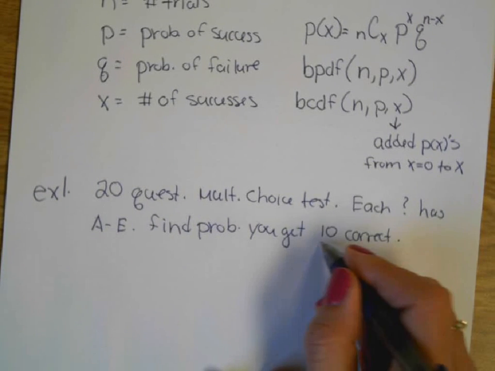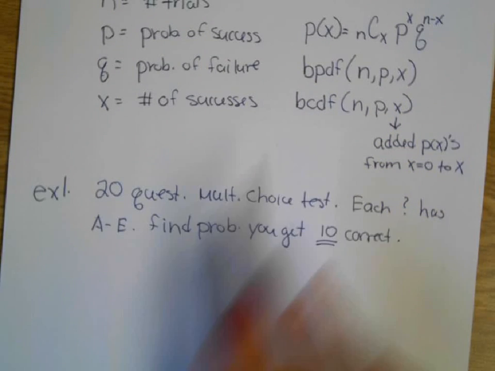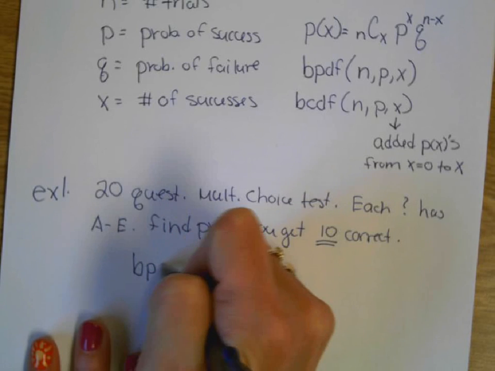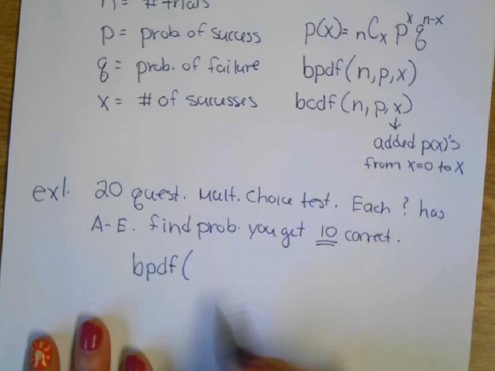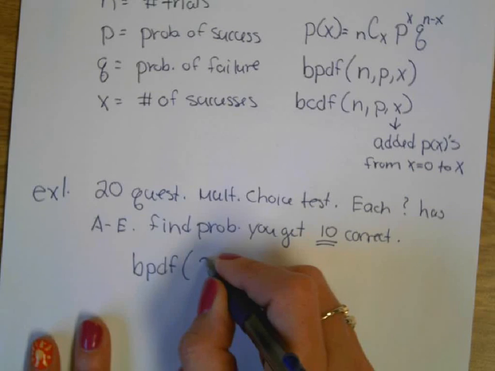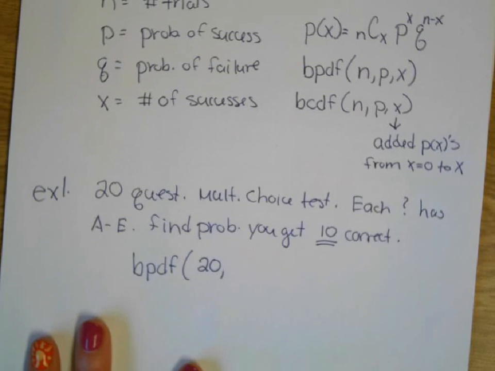So I'm only looking for exactly 10 correct. Should I be using the binom PDF or the binom CDF? PDF. So you remember that. Binom PDF. We feed it number of trials first. How many trials am I doing? 20. What is the p-value for this situation? P is the probability of success. Where's 0.2 coming from?